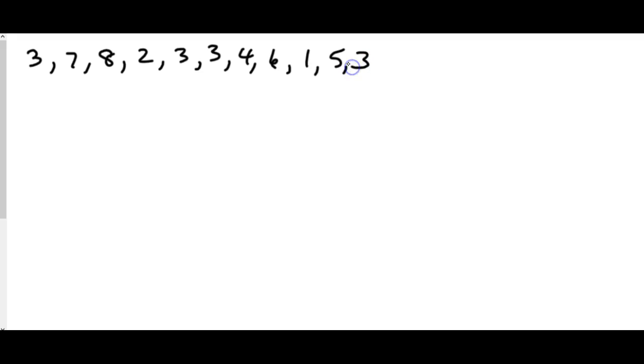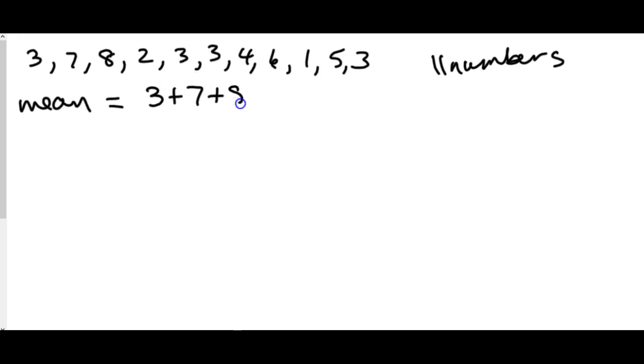So let's say this is our list of data. So we have 1, 2, 3, 4, 5, 6, 7, 8, 9, 10, 11 numbers. So if we're going to find the mean, it doesn't matter what the order is, so we can just use what's already written. We add them all together.